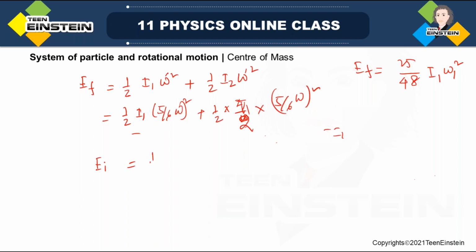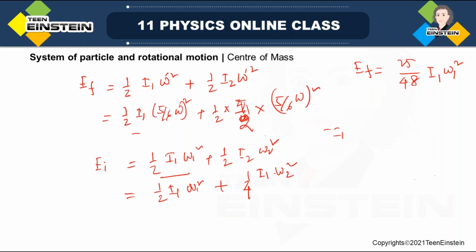So the total energy will be half I1 omega 1 square, and then half I2 omega 2 square. So this we know, one by 4, this is I1. Okay, so from here we can find out 3 by 4.